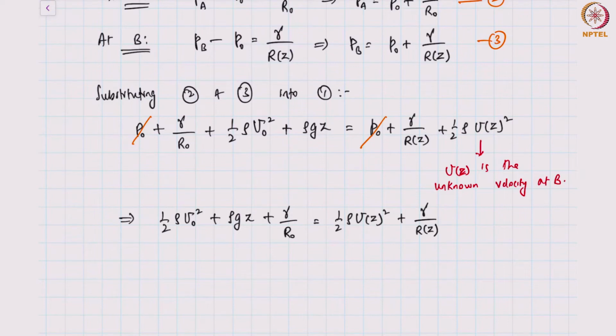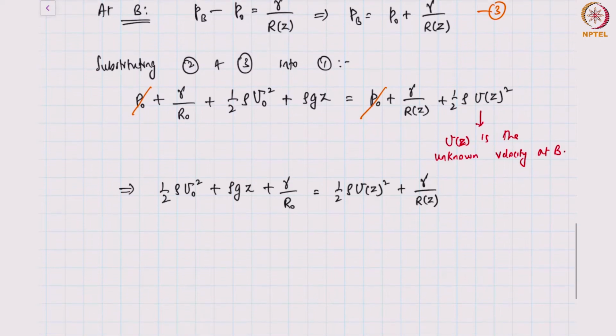Gamma is my surface tension. What do I know in this relation? I know U0, I know R0, I know the density of the fluid, I know the value of gravity. What is unknown here? I do not know R of z, that's the radius of the jet at any arbitrary location z. I also don't know its velocity. We can rearrange this in terms of U of z by U0.